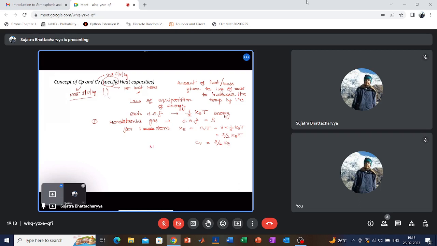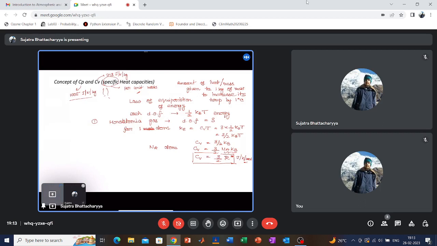Now for Na atoms, what will happen? Cv will be equal to 3 by 2 Na kB, and Na kB is nothing but R star, the universal gas constant. So Cv for a mole is 3 by 2 R star. It is joules per Kelvin per mole, right? Because we are dealing with moles.